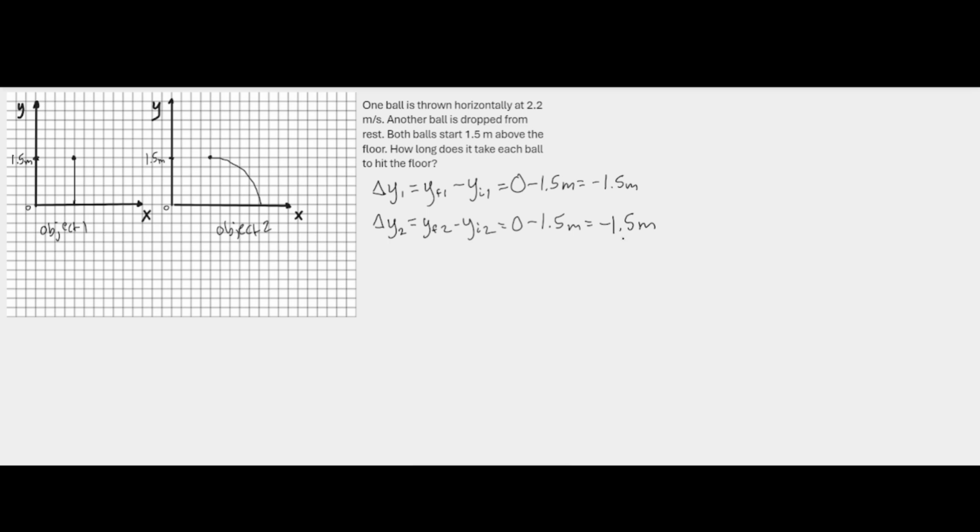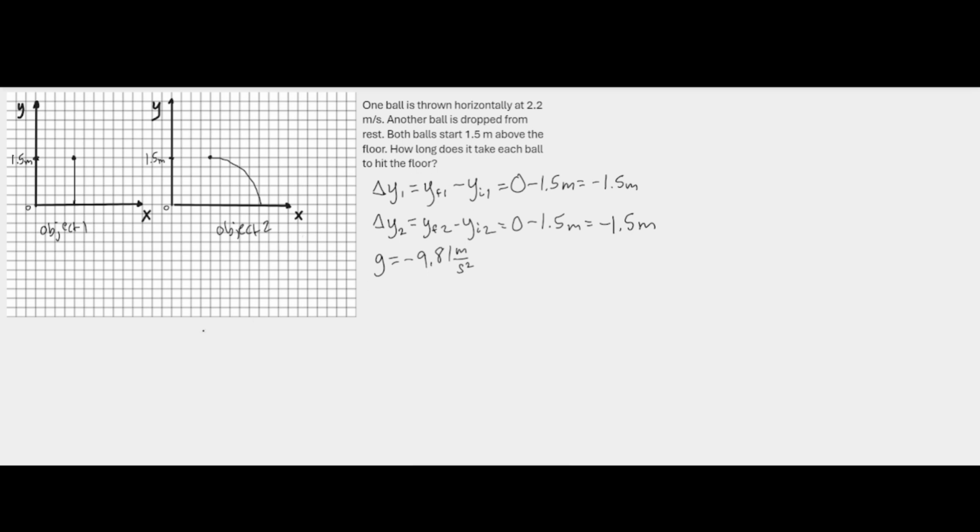And what acceleration do we have? What's another value that we know? Well, the acceleration g is negative 9.81 meters per second squared, and this is pointing downward. We have motion in the vertical direction, so clearly g is going to be working on both of these objects. Okay, so we have a value for delta y1 and a value for delta y2. So let's write one of the equations of motion.